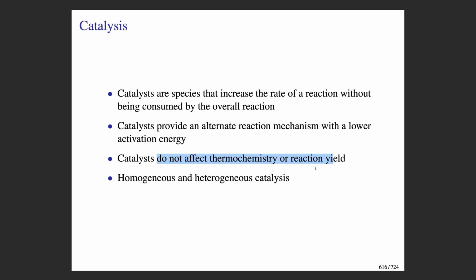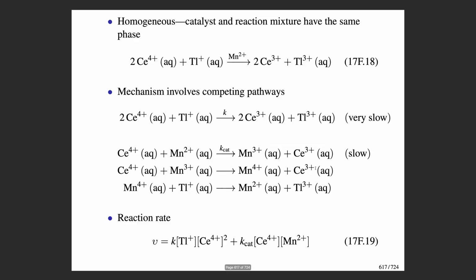There are two main types, homogeneous catalysis and heterogeneous catalysis. Homogeneous catalysis is when the catalyst has the same phase as the reaction mixture. So in this case, we're considering a redox reaction in aqueous solution, and our catalyst is an aqueous species. And so here is the uncatalyzed reaction.